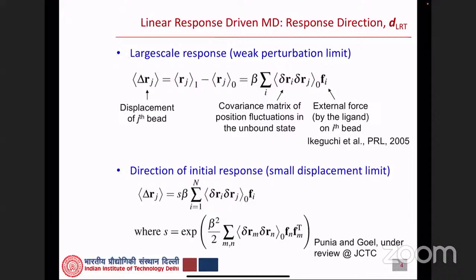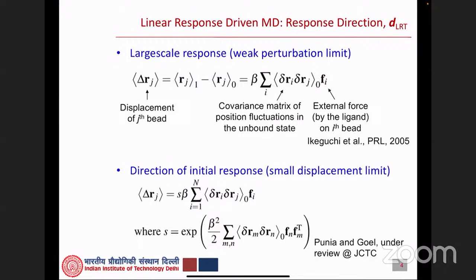They developed the theory with the aim of a weak perturbation but a large-scale change in structure. If I want a large-scale change, I have to assume the perturbation force, represented by F here, is a weak force.